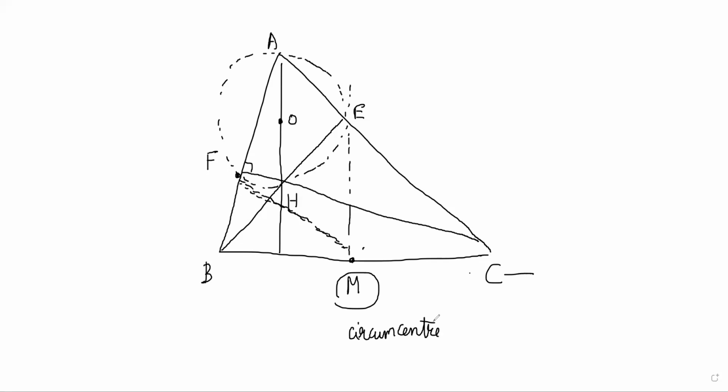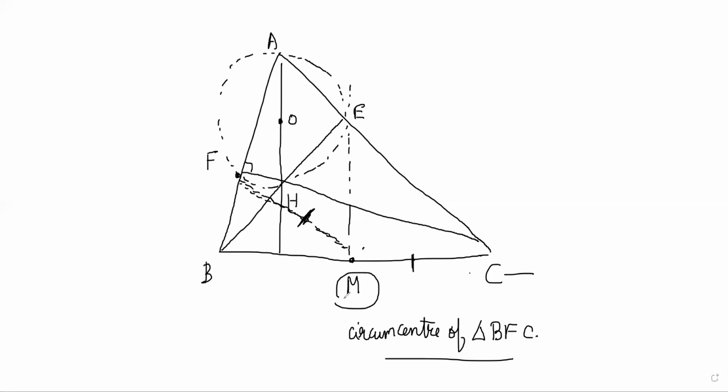of triangle BFC, right? So FM equals MC, correct? Because the midpoint of the hypotenuse is the circumcenter.